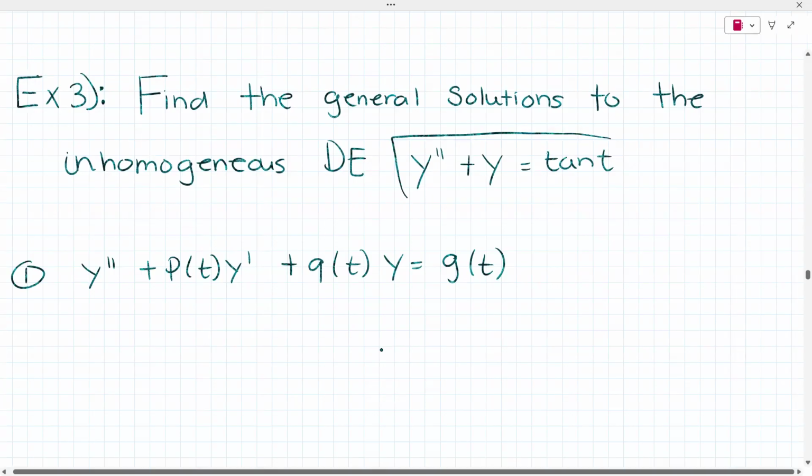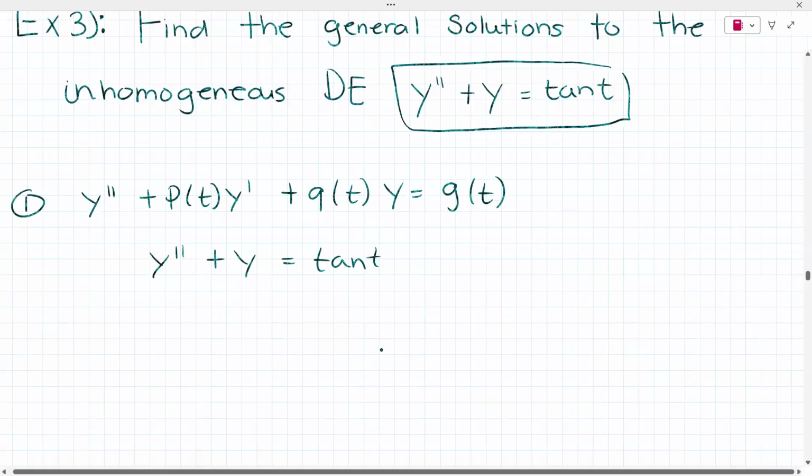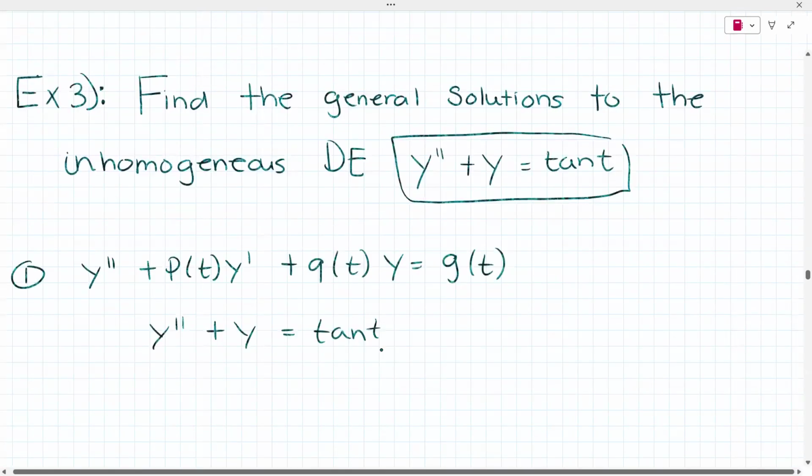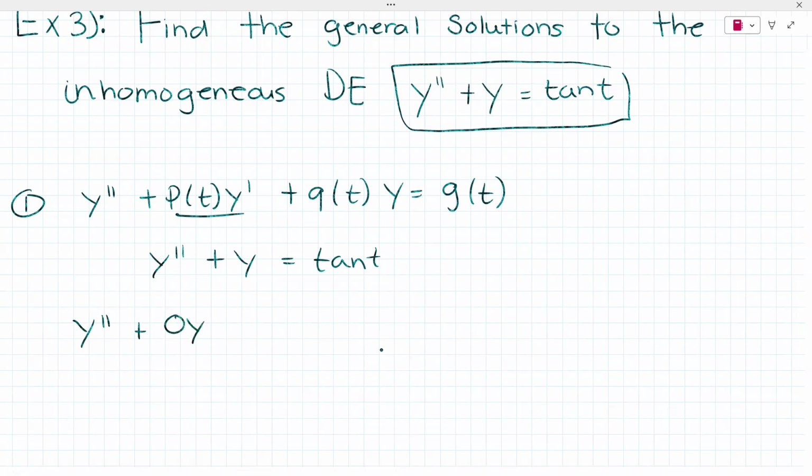What we have is y double prime plus y equals tan t, right? So we do have it in the form. It's just that we're missing our y prime, so you're just going to have to replace it with 0. So it's going to be y double prime plus 0 y prime plus y equals tan t.